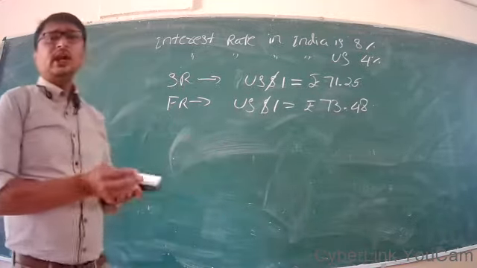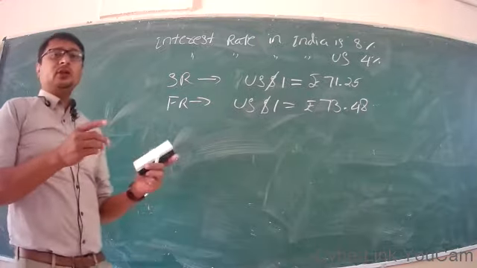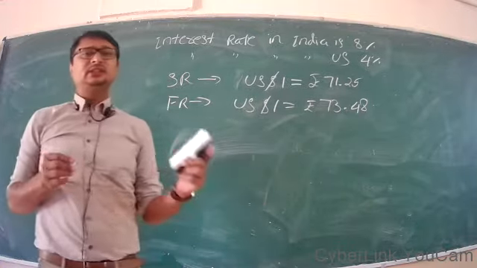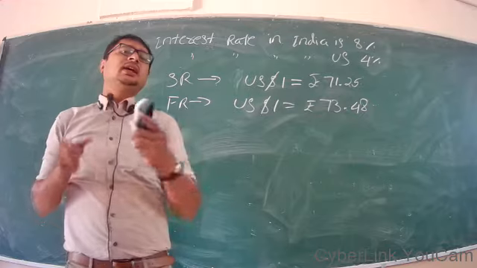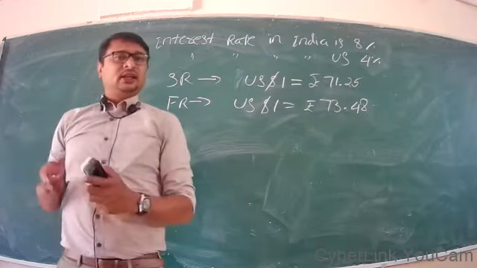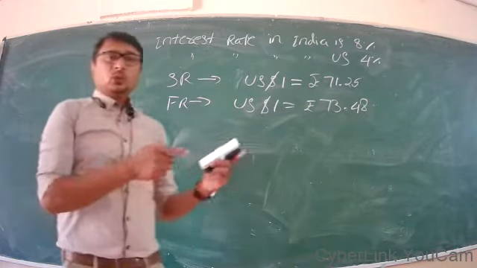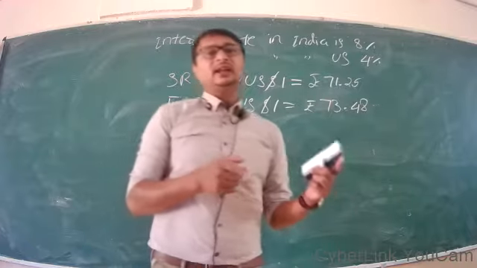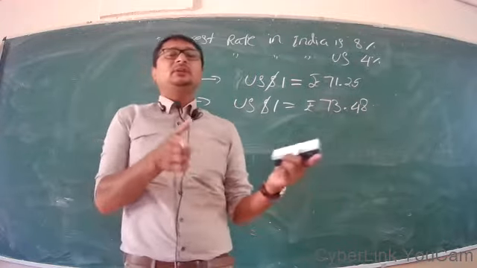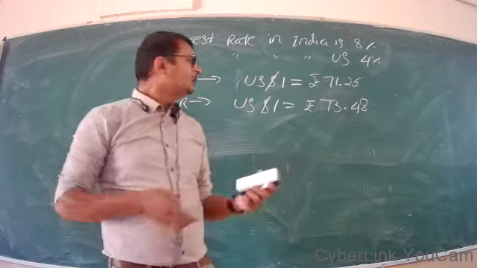Now we are discussing the parity between two variables. Since there is the word parity in interest rate parity theory, we have to compare two variables and find if there is any parity between them.